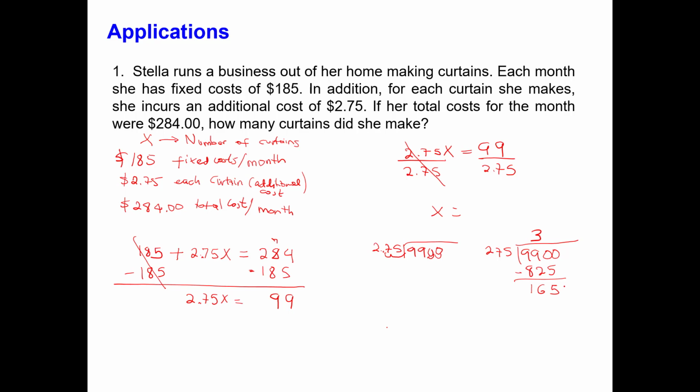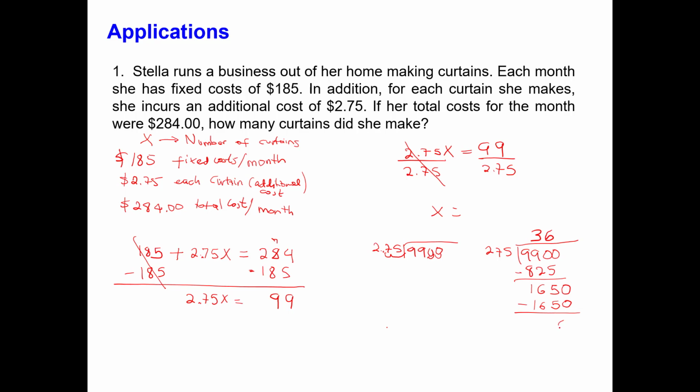Bring down the 0. How many 275s are in 1650? It's 6 times, and we write 6 here. 6 times 5 is 30, carry the 3. 6 times 7 is 42, plus 3 is 45, carry the 4. 6 times 2 is 12, plus 4 is 16.